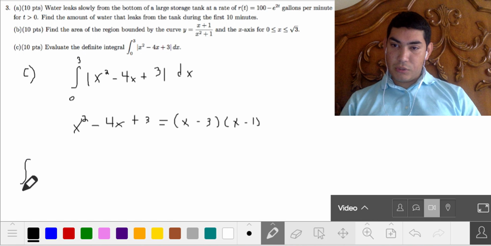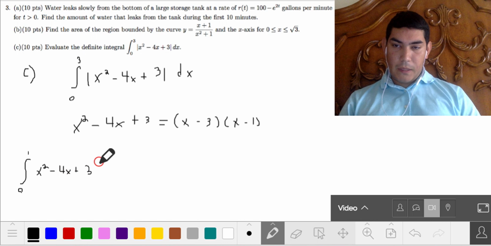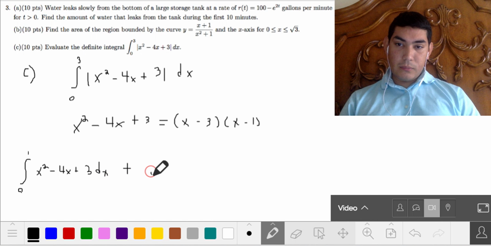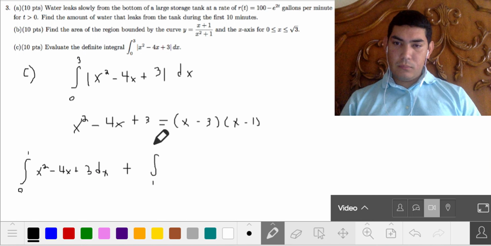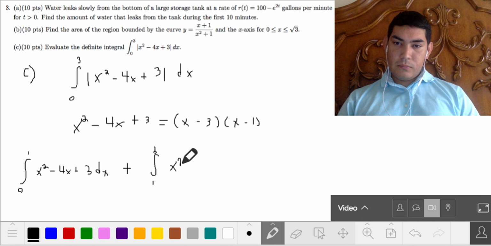We can have the integral between 0 and 1 of x squared minus 4x plus 3 dx, plus the integral between 1 and 3 of x squared minus 4x plus 3 dx, of course.